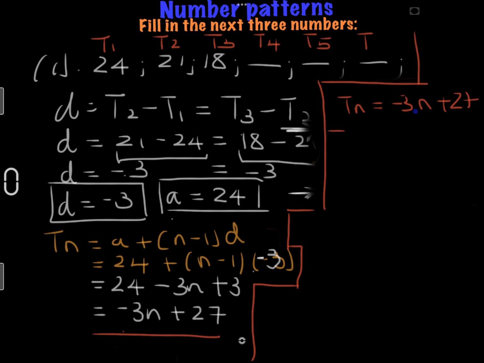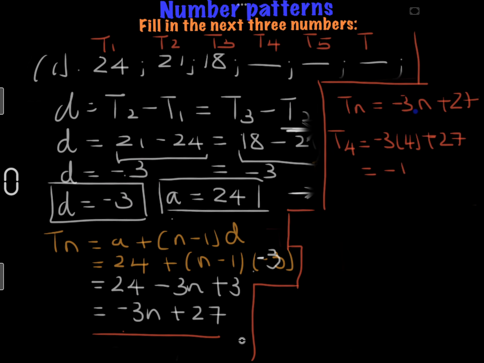Now to find the fourth term, I simply write T4 is equal to negative 3 times 4 plus 27. Okay, so negative 3 times 4 is equal to negative 12.